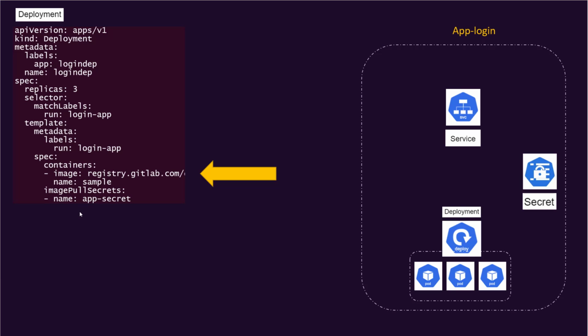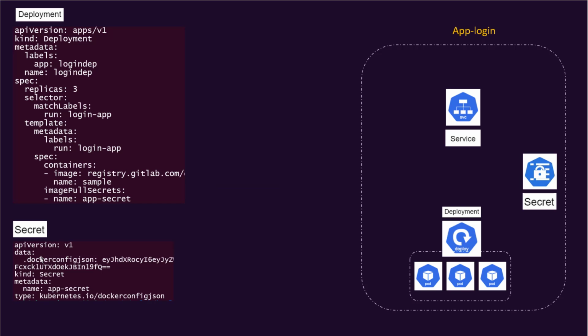We need a secret. We have to deploy a secret manifest inside the Kubernetes cluster that allows the deployment to have access to the GitLab private registry and download the image and bring up the requested pods.